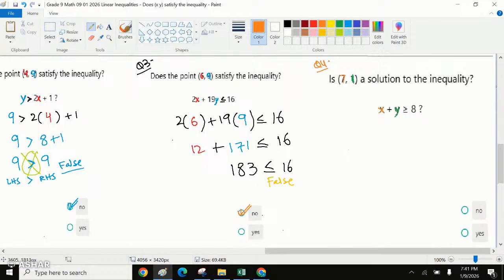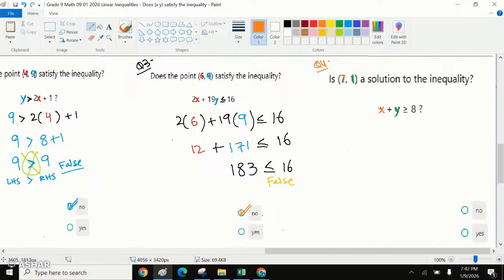We simply substitute the values. Is it true or is it false? Help me out with this. If we substitute the values of x and y into the inequality, is the coordinate 7, 1 a solution to this inequality? Yes or no?